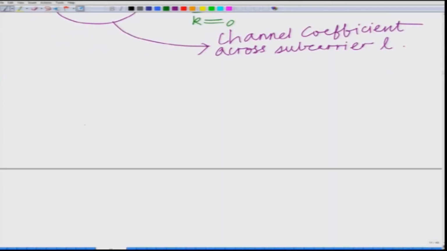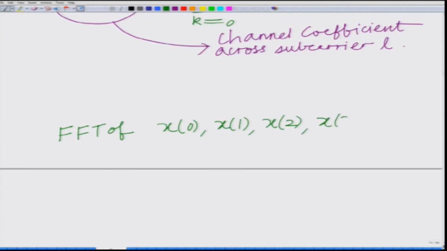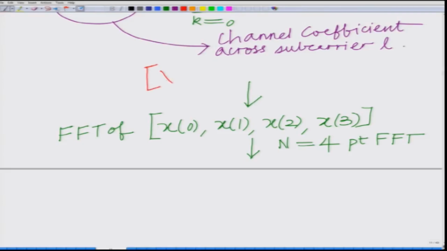FFT of the samples x. Now we want to take the FFT, that is obviously the n equal to 4 point FFT, but observe that these samples are given by the IFFT of the symbols.